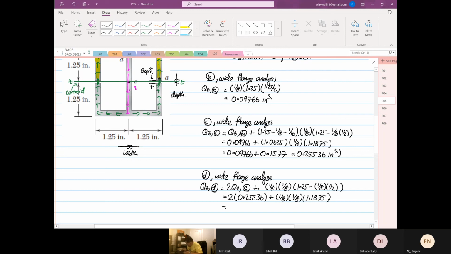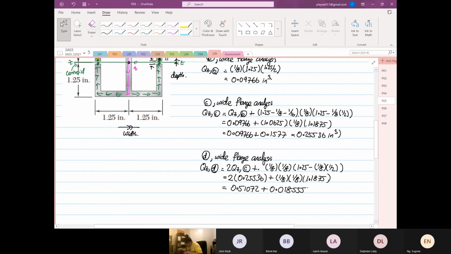0.25536 is equal to 0.51072 plus 0.25536 times 2, 1.1875 times 1/8 times 1/8 is equal to 0.018555.